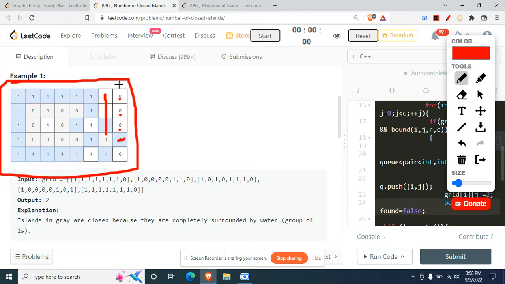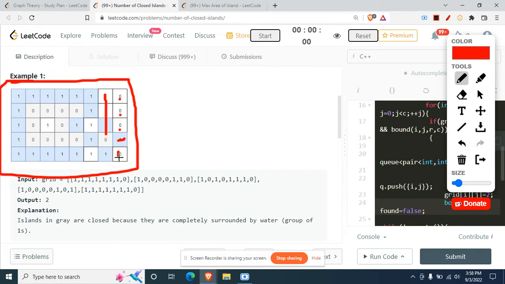They have said if you are going out of boundary, it is not actually water. Previously, in number of islands, they had said that the boundaries mean it is covered by water only. But here we are saying that it should be exactly covered by ones, but not out of boundary cases.